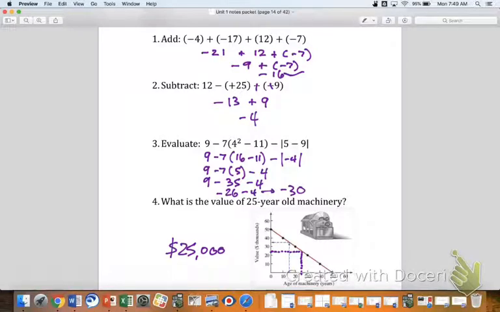Go ahead, Ava. Since graphs depend on how you interpret it, if you put like 26,000 or 24,000 or something, would that be wrong? In a situation like this, it's going to be tough to be for sure, right? I don't even know if it's a question of interpretation. It's just a question of, is this perfectly vertical and perfectly horizontal?